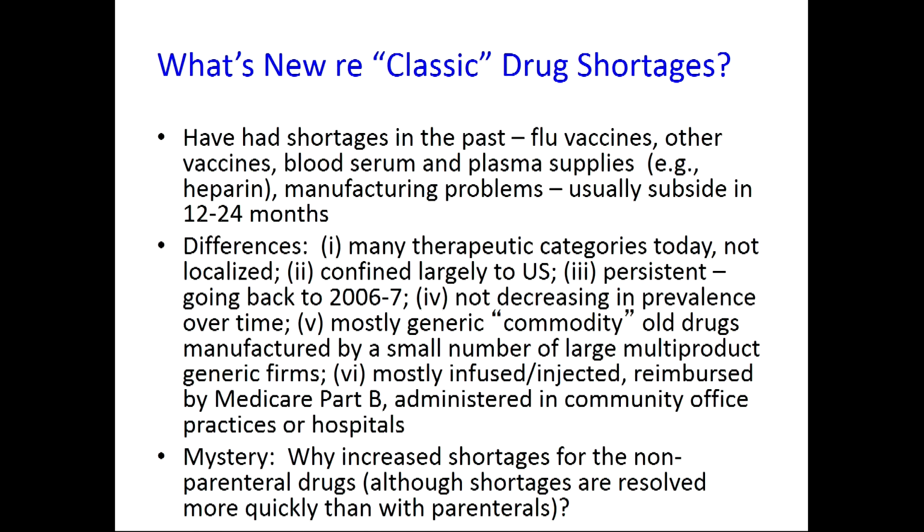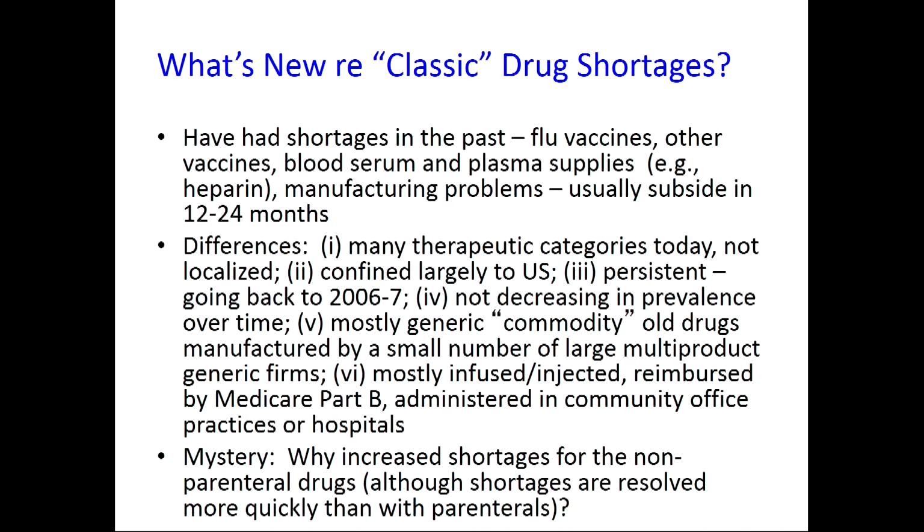So, what's new for classic drug shortages? We've had shortages in the past: flu vaccines, blood serum, plasma supplies, for example heparin, manufacturing problems, but they typically subside in 12 to 24 months. The differences in the last decade have been that there are many therapeutic categories, not just one or two. They're confined largely, but not completely, to the U.S. So that suggests there are some institutional issues in the U.S. that have some unique implications.